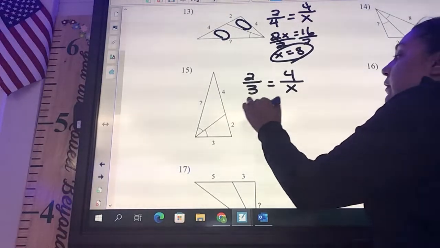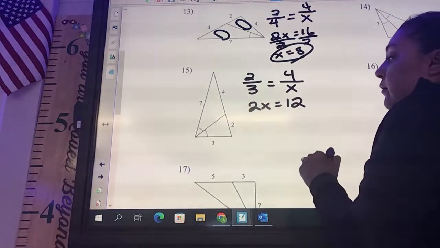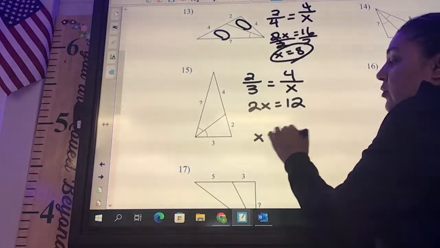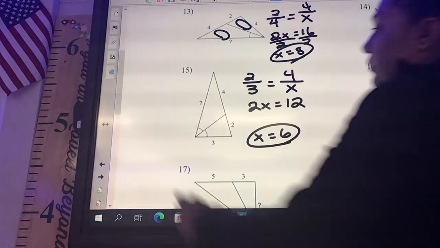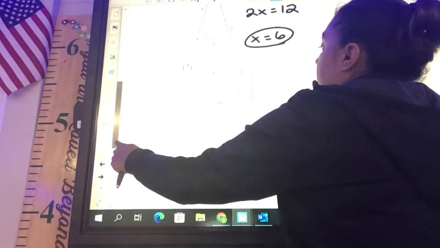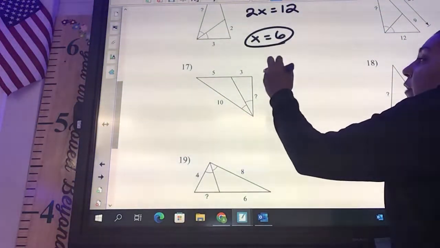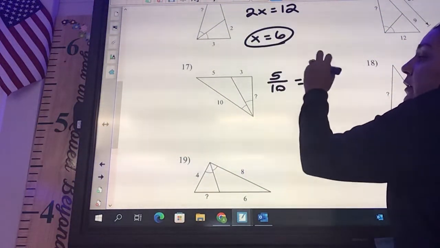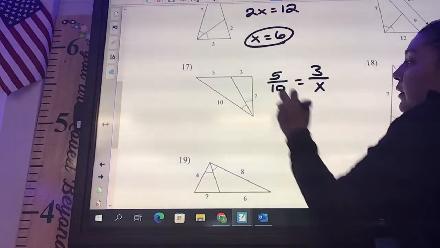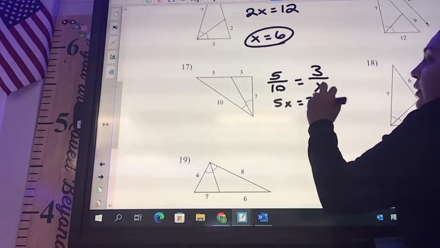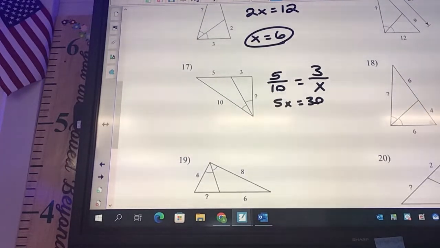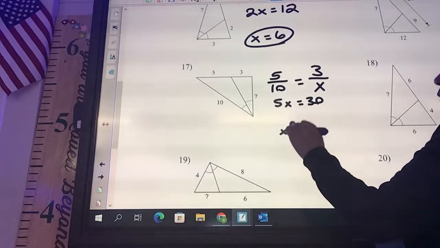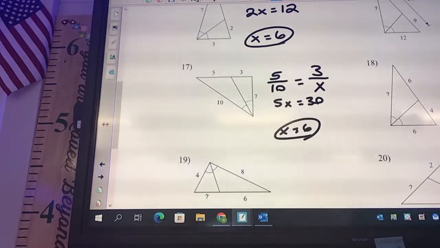You're going to get 2x equals 12. So you're going to get x equals 6. Okay, you get 5 over 10 is equivalent to 3 over x. You get 5x equals 30. So you're going to end up with x equals 6. You're going to divide both sides by 5.